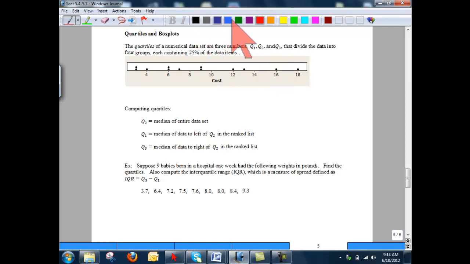So if my data values on a dot plot look like this, there are actually, if you count them, 12 items, and so the quartiles divide them into 4 groups of equal size.